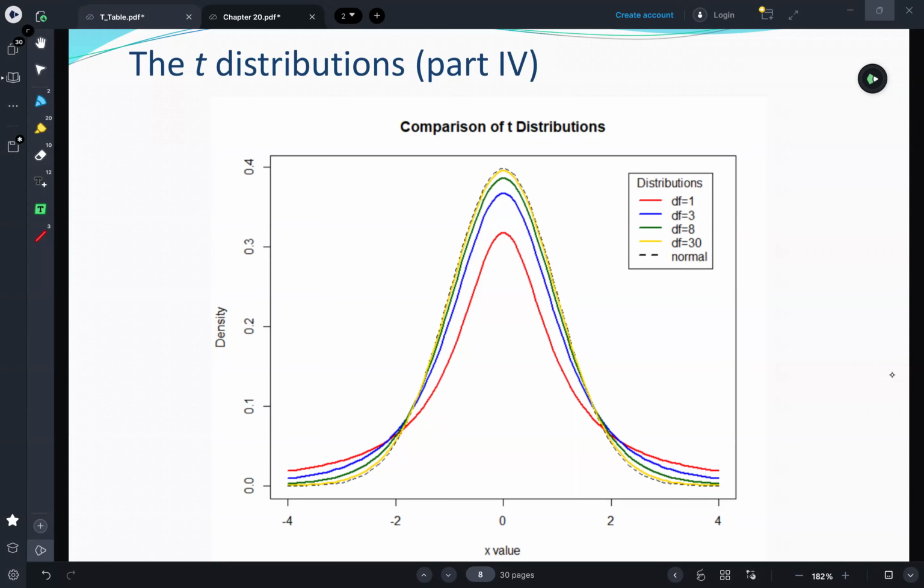And what do you see happening as we increase the degrees of freedom? What's going on in this picture? Yeah, Catherine. It's becoming more normal.